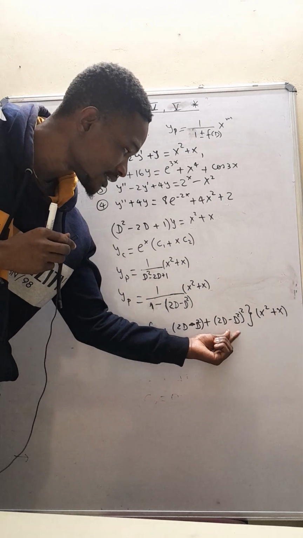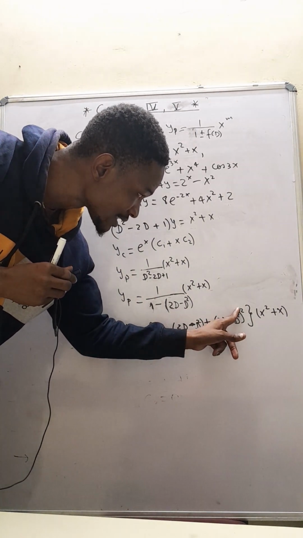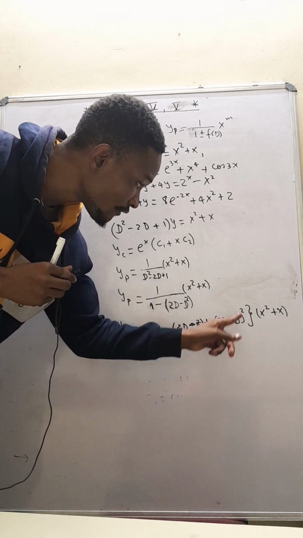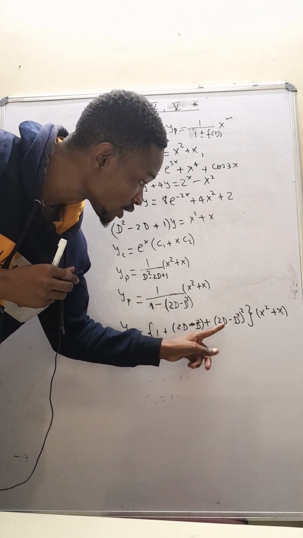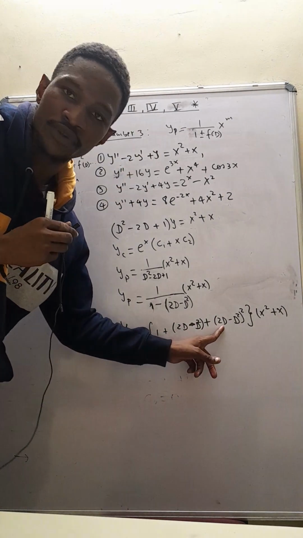The question is, when you extend to this expression, you have this guy raised to 2, right? So if it is raised to 2, what is the higher order for this expression here? For the lower expression, it will be 2 also.